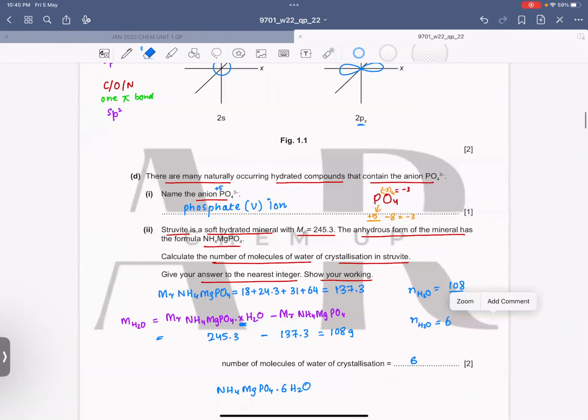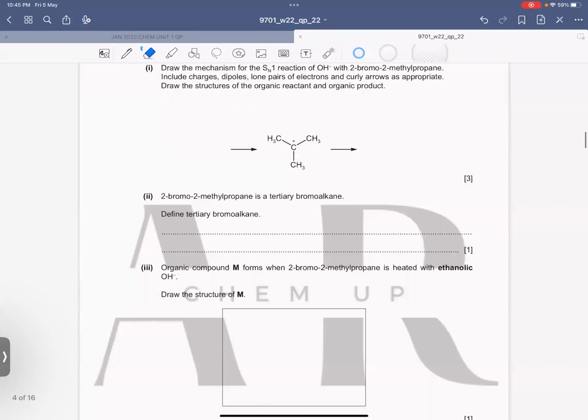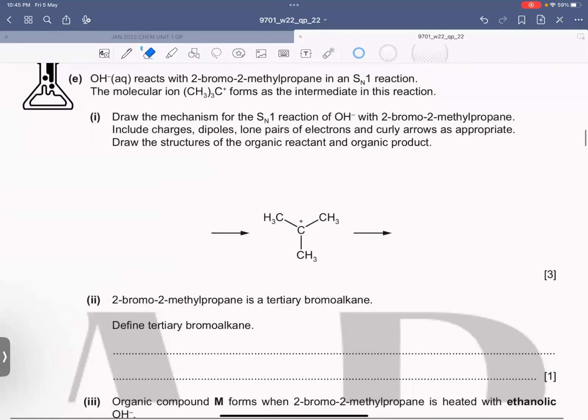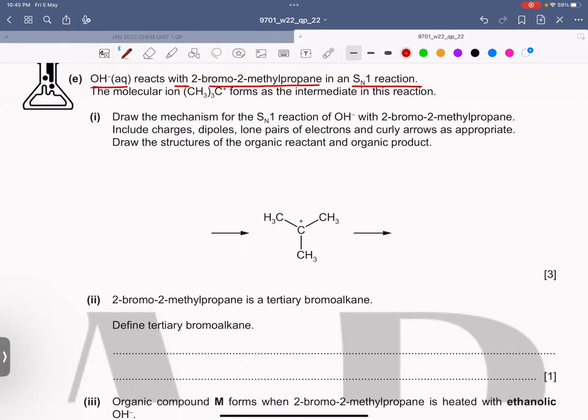Okay. So now part E. Aqueous hydroxide ions react with 2-bromo-2-methylpropane in an SN1 reaction.